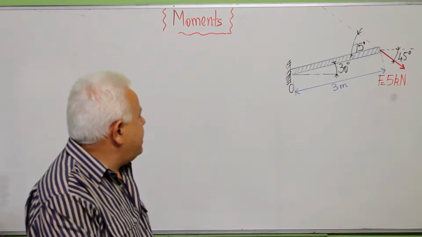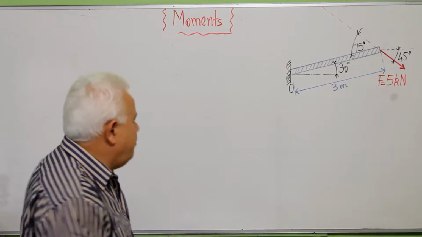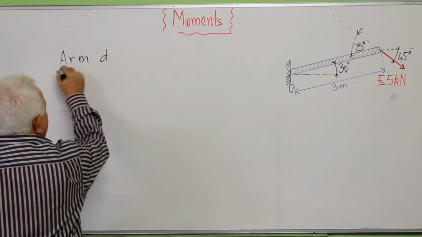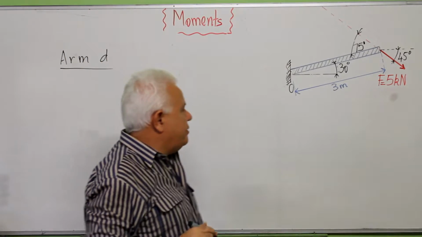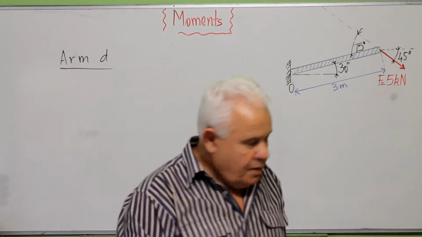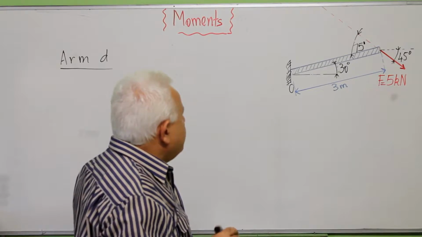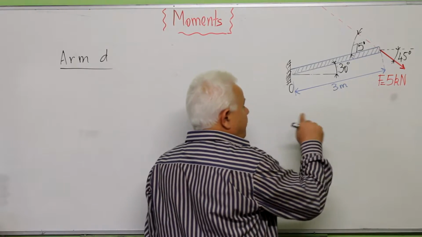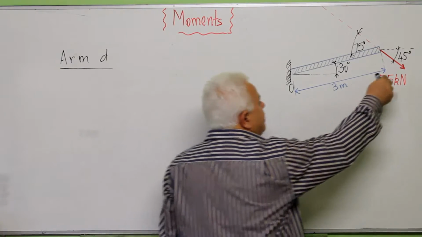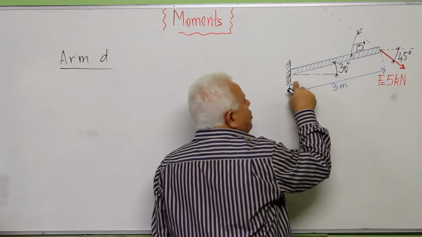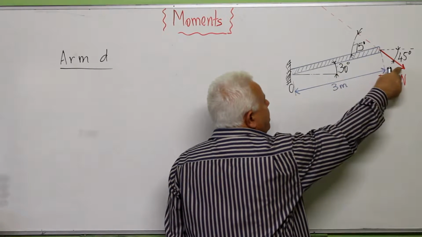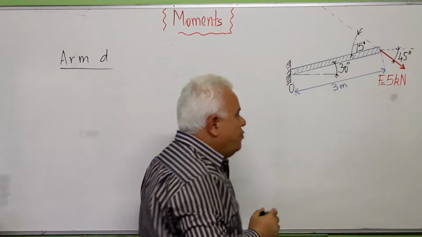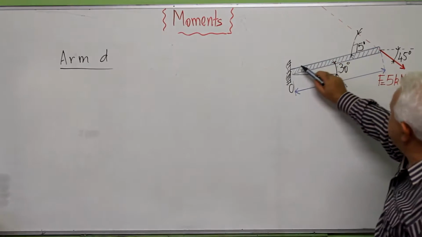So first thing, if you want to calculate the moment using the arm D, we have to calculate this arm D. What we have to do is to find the perpendicular distance to the point O from the line of application of F. So we have our line of application here, and we have to find the perpendicular distance.